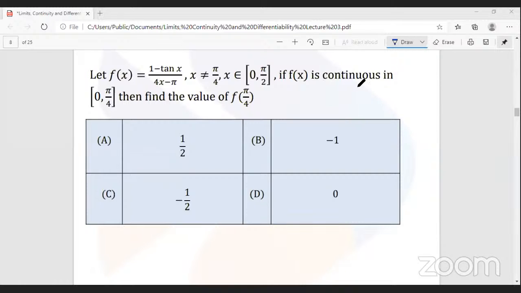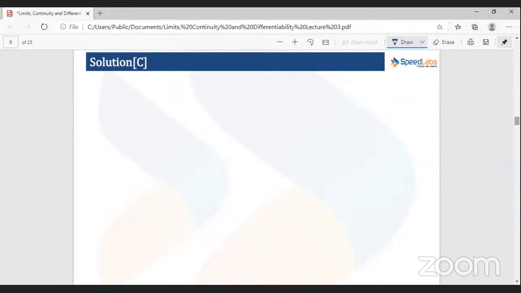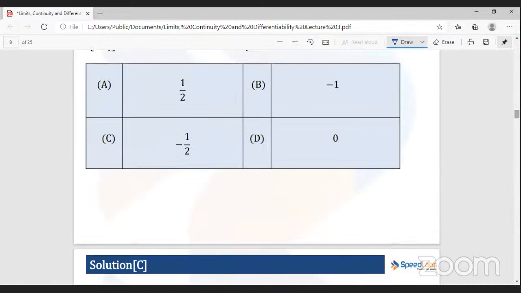Okay. So again, we have to find the value of f pi by 4. This is very similar to the previous question. Let's find out. The correct option here is C.